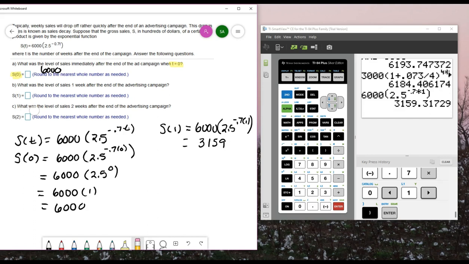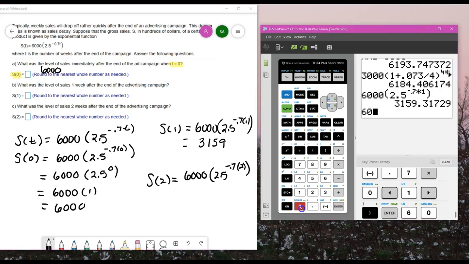Then the next part says, what was the sales level 2 weeks after the end of the advertising campaign? So that's S of 2. Substituting a 2 in for t, 6,000 times 2.5 to the negative 0.7 times 2.